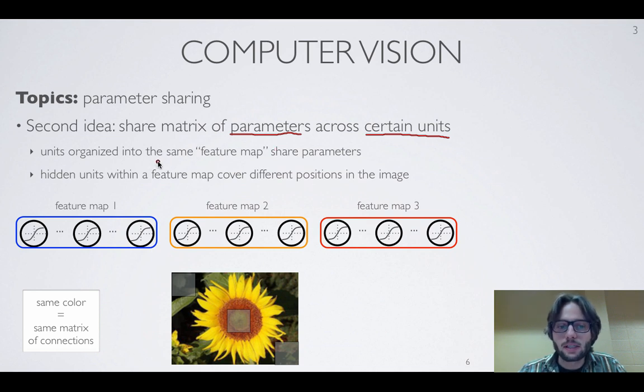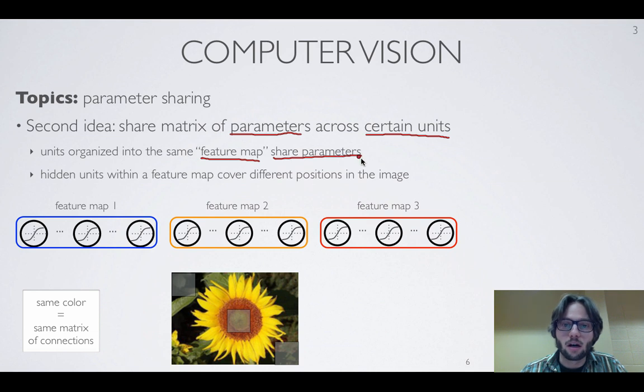Specifically, what we'll do is take all of our hidden units in some given hidden layer, and segment them into different so-called feature maps. The units in a feature map will actually share their parameters.